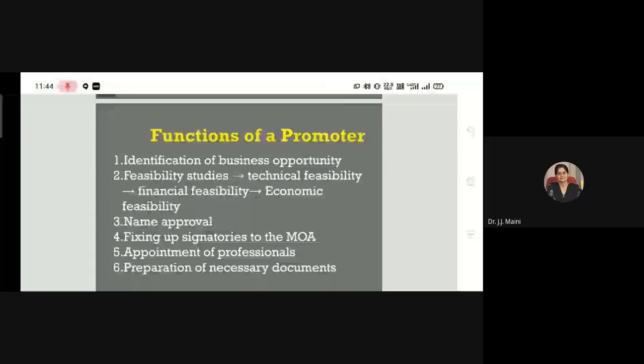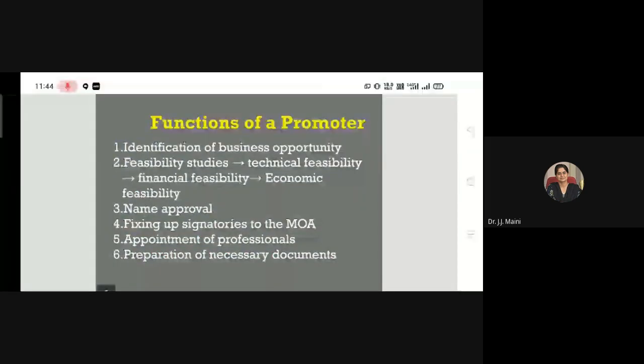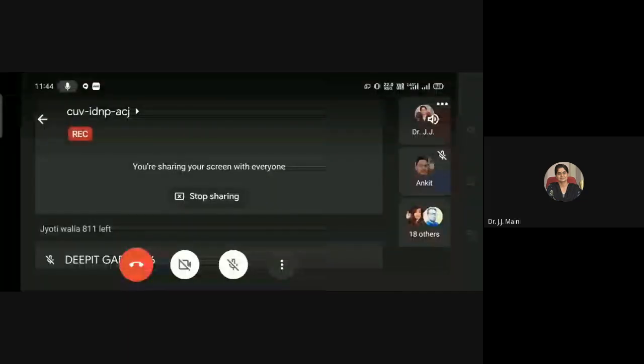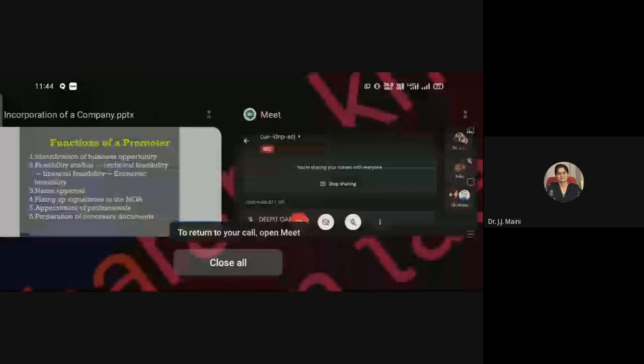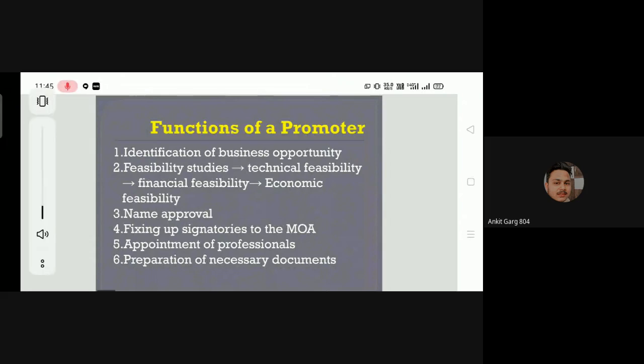So now we will discuss the functions of a promoter. First is identification of business opportunity.